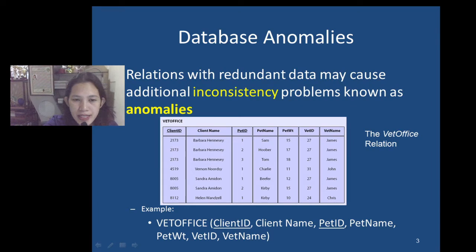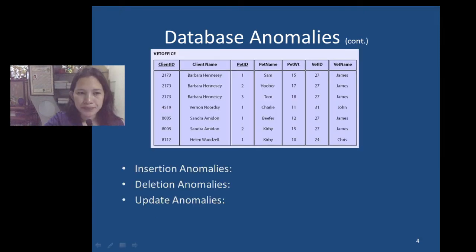The vet office has the following attributes: client ID, client name, pet ID, pet name, pet weight, vet ID, and vet name. So in this example relation, vet office, we cannot see any data redundancy. However, there are still problems with this relation.